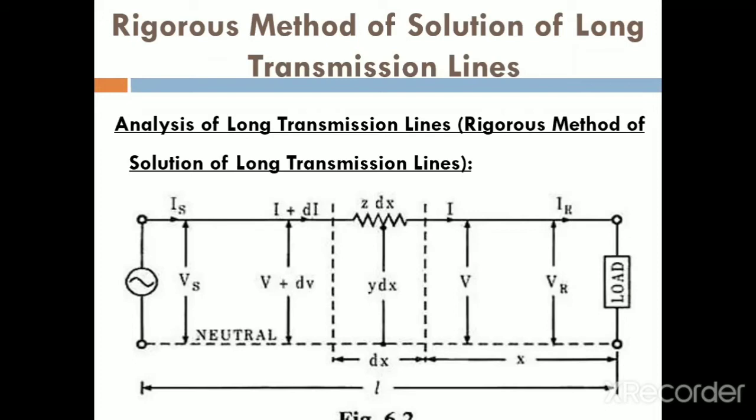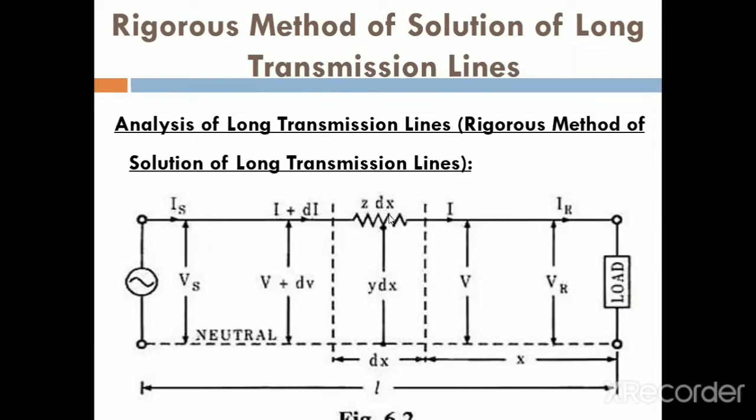That's why we are using the rigorous method. First of all, what is meant by the rigorous method? The rigorous method is for the long transmission line. In that long transmission line, we are considering a small length dx.